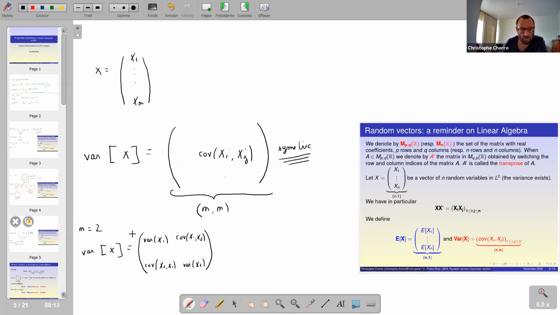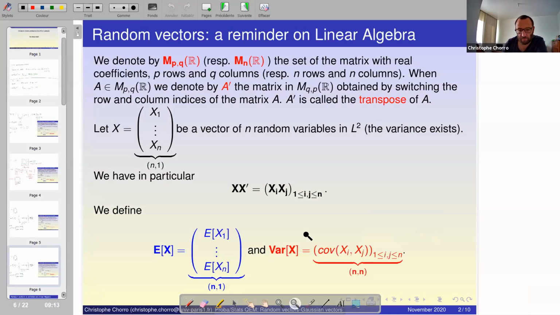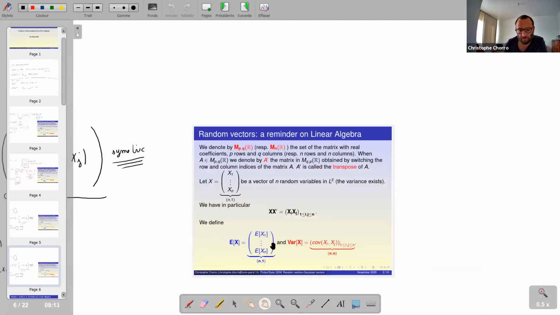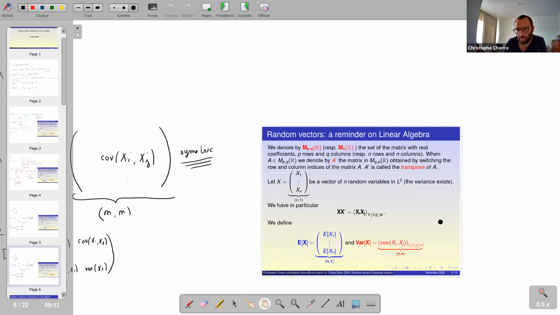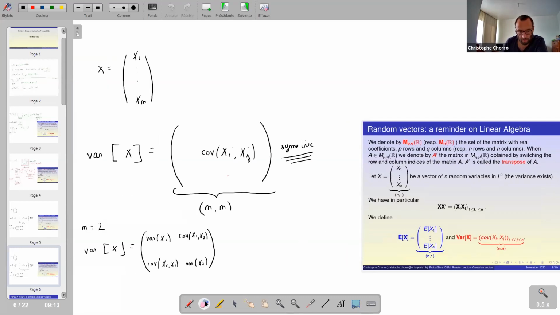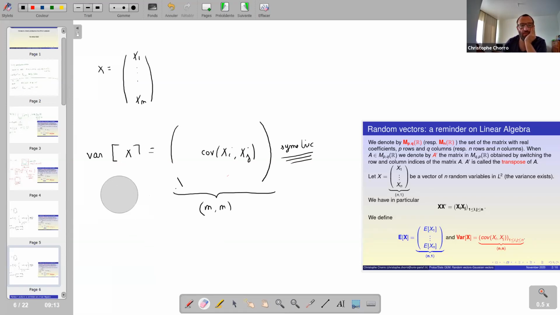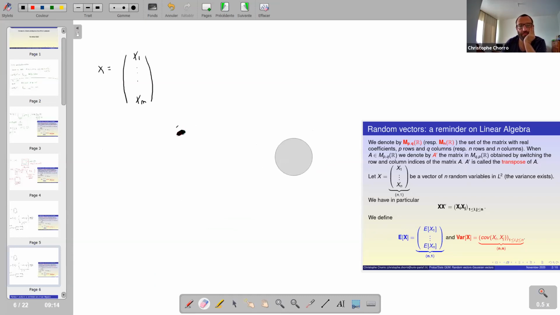Just a last remark concerning this slide. The variance covariance matrix in this situation, as defined previously, is a matrix of size n by n, where I have inside, in fact, the covariance between xi and xj.